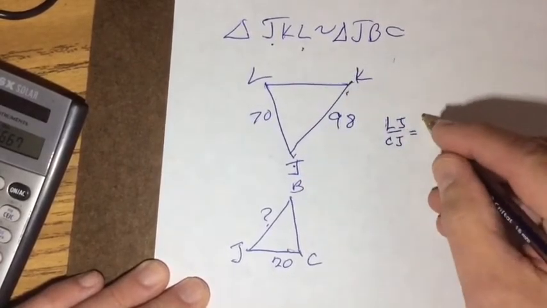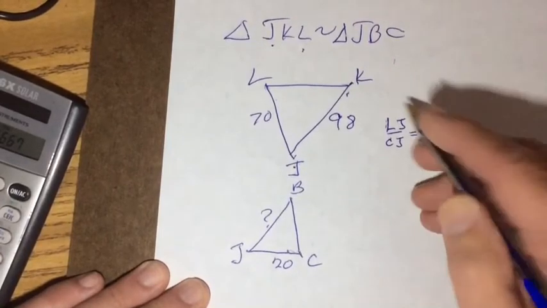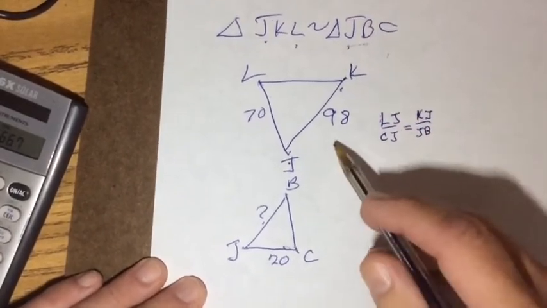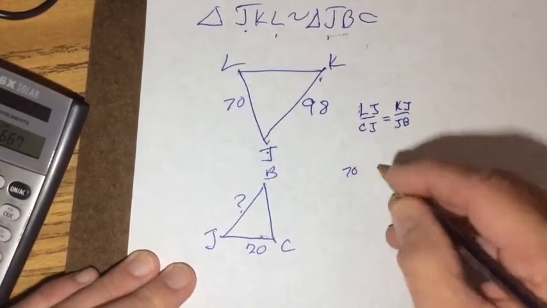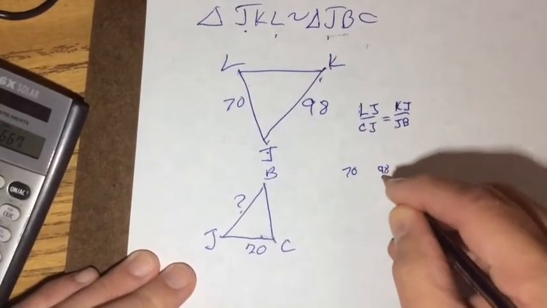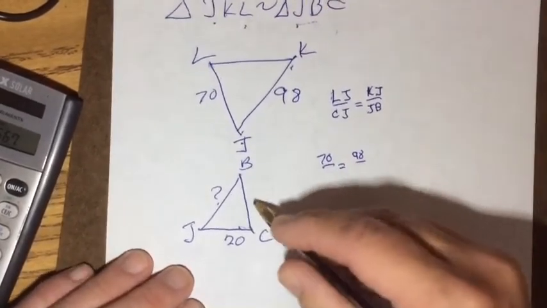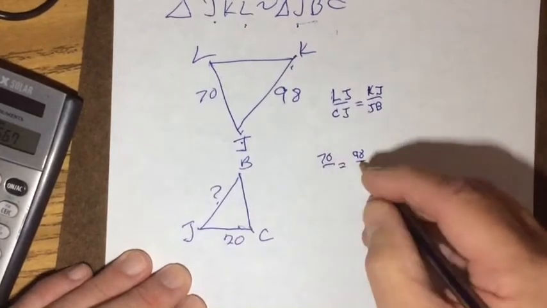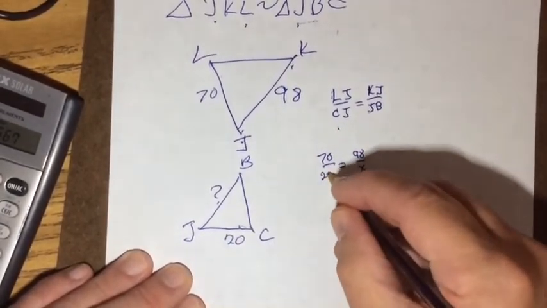That has to match with JB in the other one, right, because of this. So LJ is 70, KJ is 98, JB is our variable here, and CJ is 20.